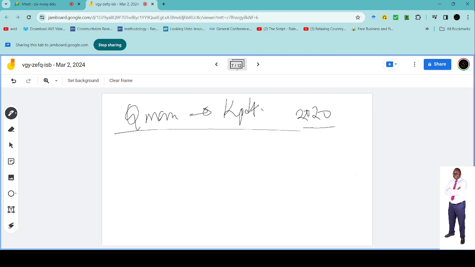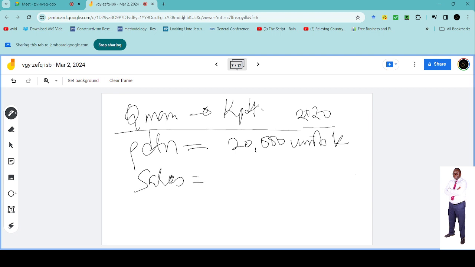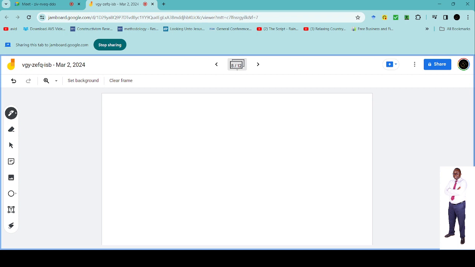2020. They had a production of around 20,000 units of K. Then they sold; the sales they made were 15,000 units of that particular product. There were these costs involved, the production costs.